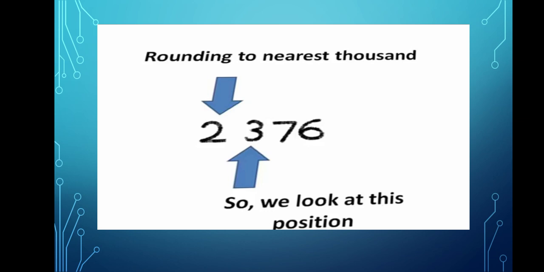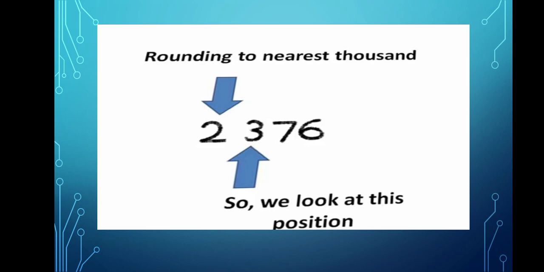Once again, here 2 is at the thousands place. We are rounding off the number to the nearest 1000. To its right, in the 100's place, we have 3, and 3 is less than 5. So all places to the right of the 1000's place, that is the 100's, 10's and 1's places, meaning 3, 7, 6, will change into 0.